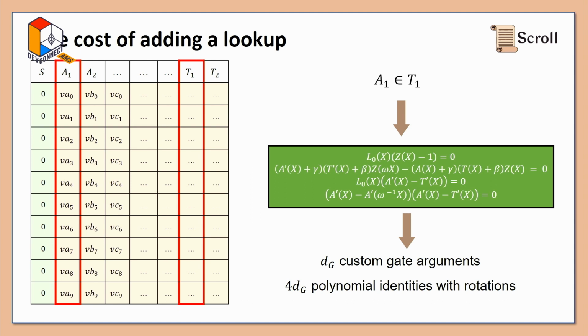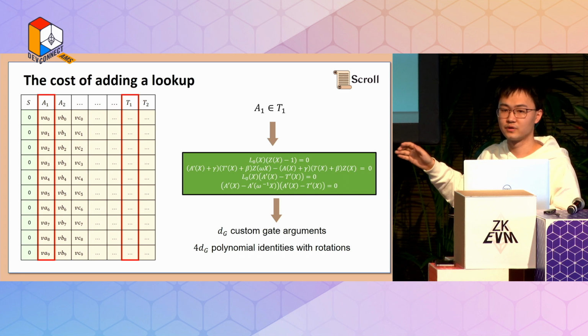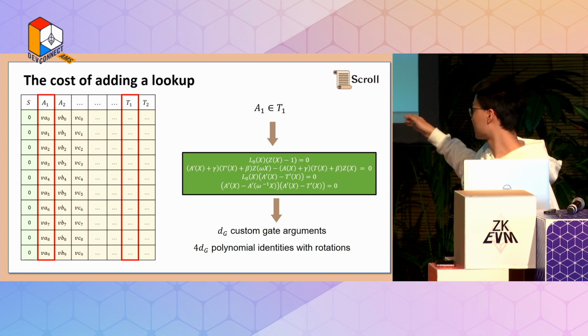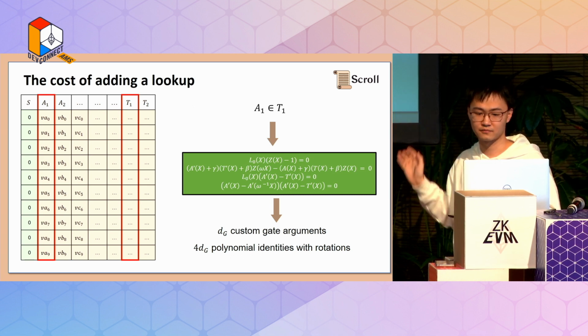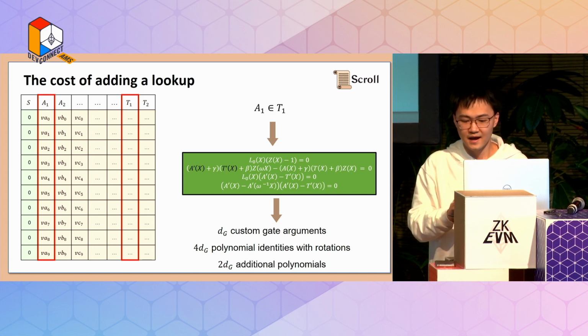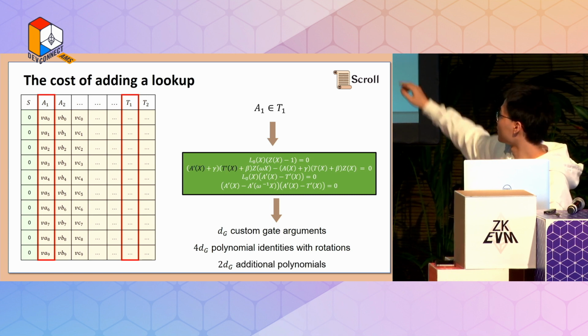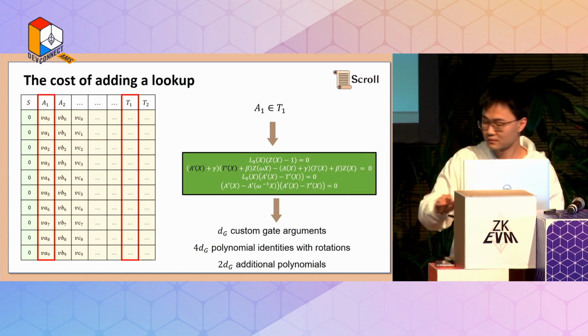So if you have lookup tables, it will result in 4 polynomial identities, those four equations.